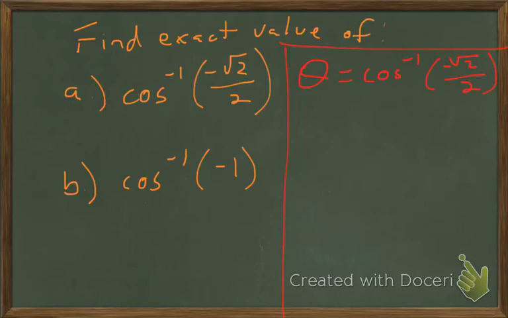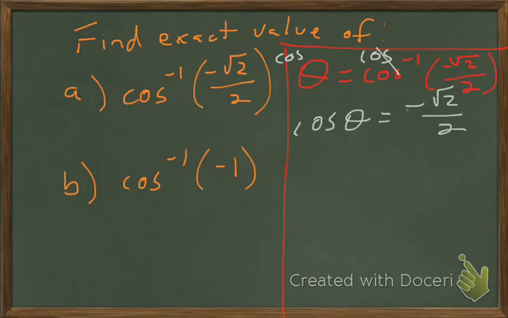So once again, we have to get rid of the cosine inverse, so we take the cosine of the left side and the right side. That kills those off effectively. So then we have cosine theta equaling -square root of 2 over 2.